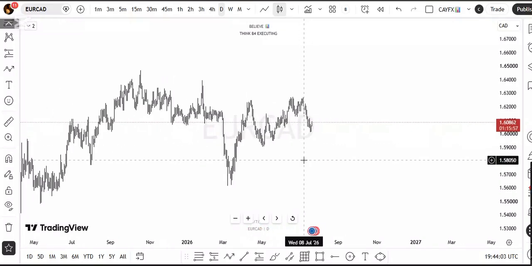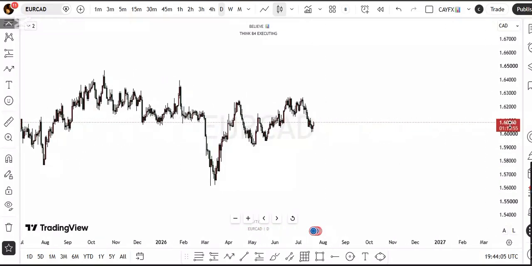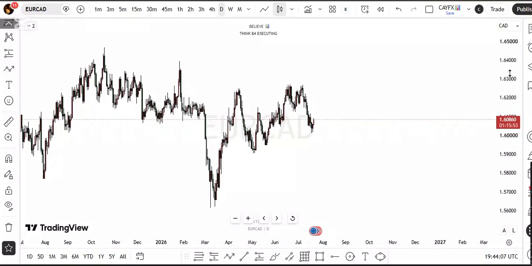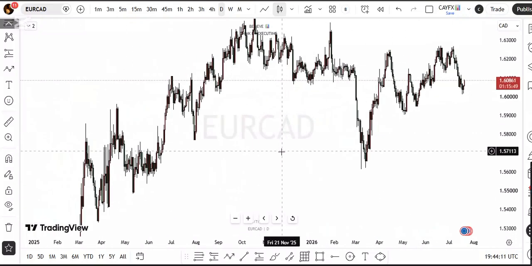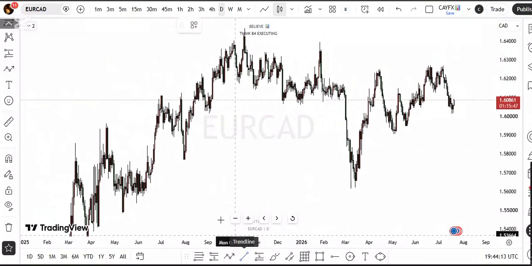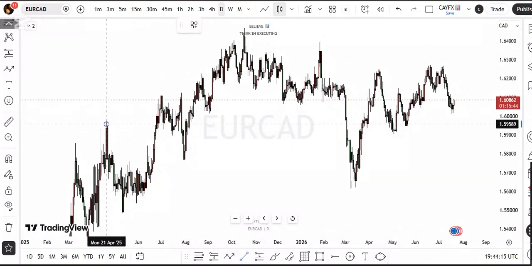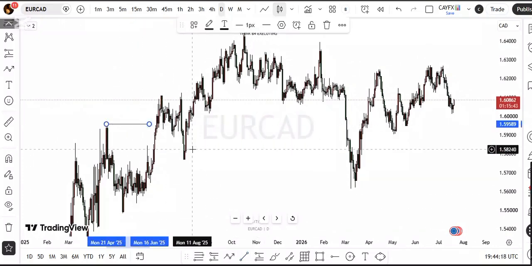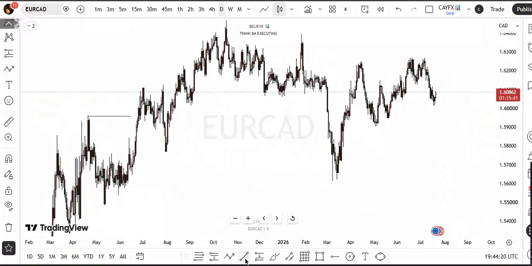We see that the market was giving us a series of higher highs, break of structure, break of structure, break of structure.